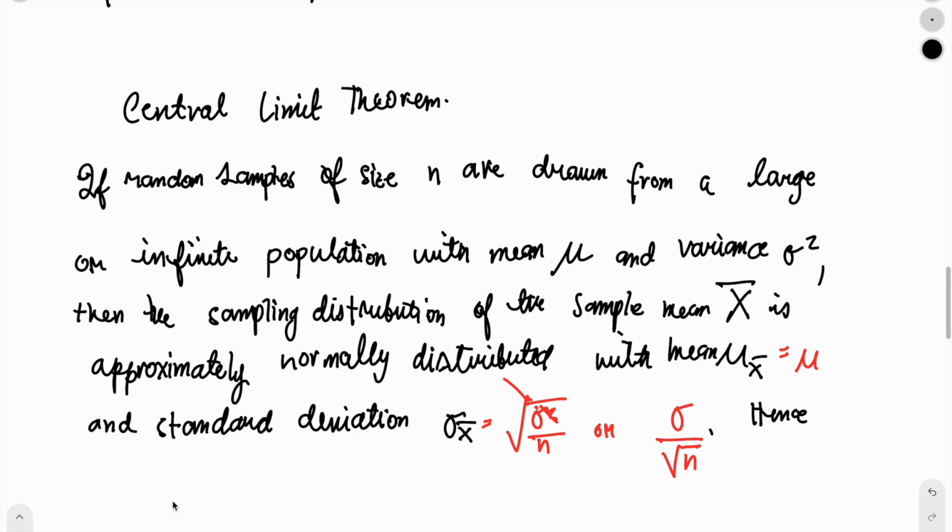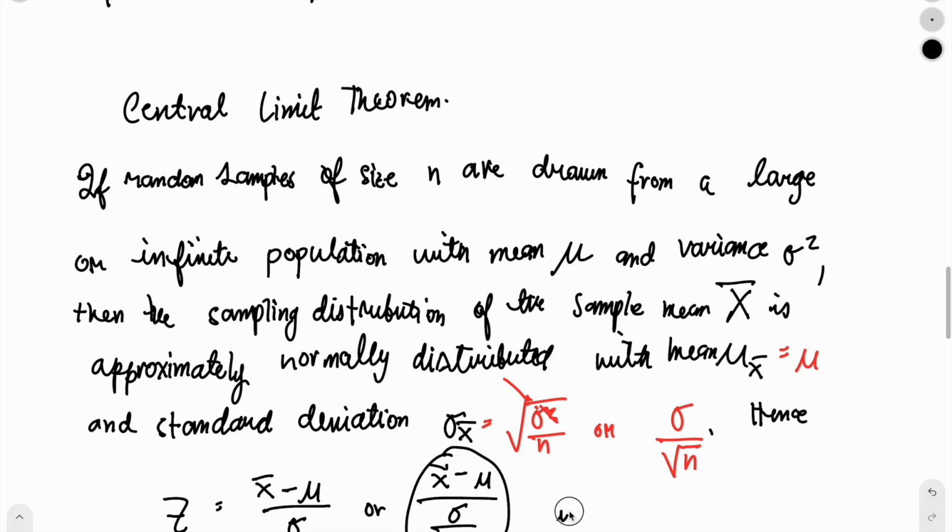Hence, z is x bar minus mu over sigma over square root of n, is a value of the standard normal variable z.